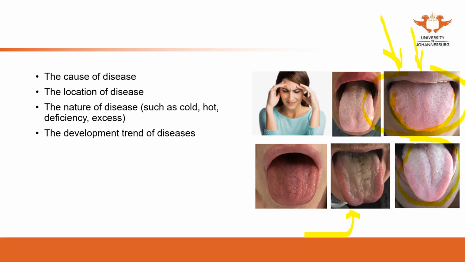The reason is, for example, a patient presents with COVID-19, and when you see the tongue like this, then you may give the treatments, and the patient may recover in a few days. However, if the patient presents with this kind of tongue, you shouldn't expect that the patient is going to recover in a few days.